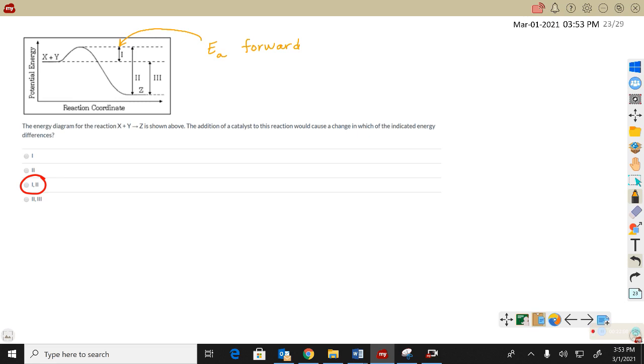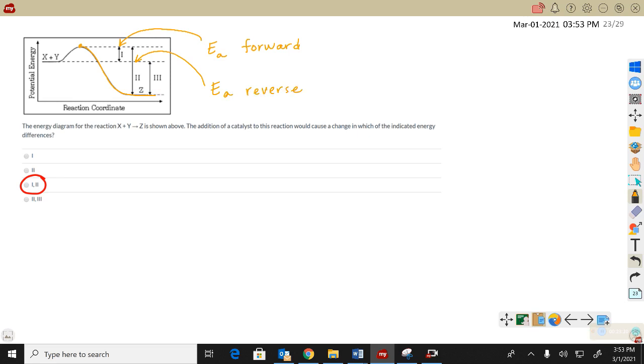But then so would activation energy in the reverse, which is represented by this second line here. To reverse it, I have to go all the way from my products way back up to my activated complex. So if that's at a little bit lower energy because I used a catalyst, then activation energy in the reverse would also be a little bit lower.